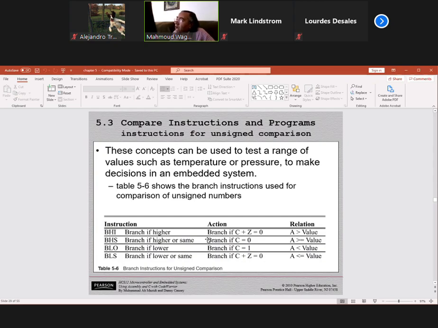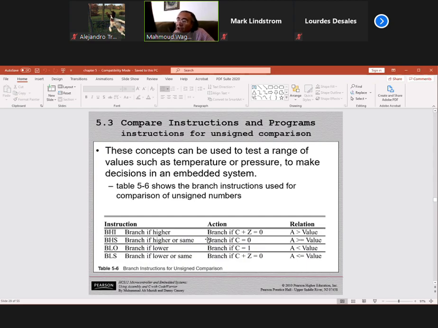The processor responds to numbers, to flags, to signals. In case we're dealing with binary numbers here, we're talking about flags. So branch if higher. Okay, now what happens if two numbers, one of them is higher than the other?